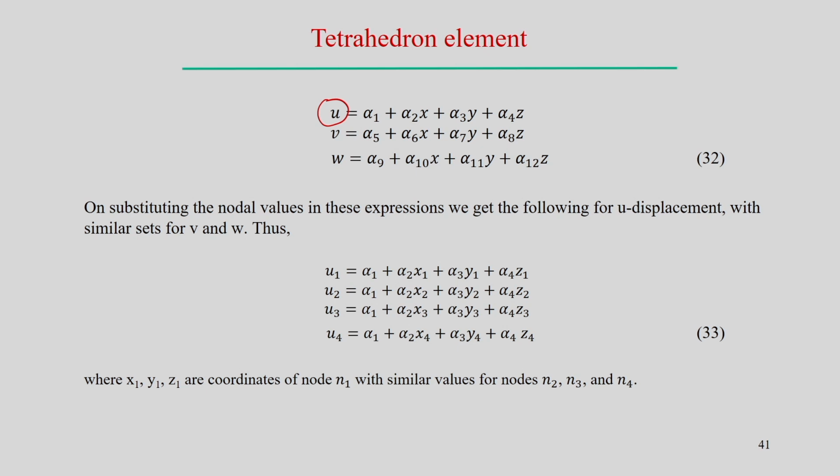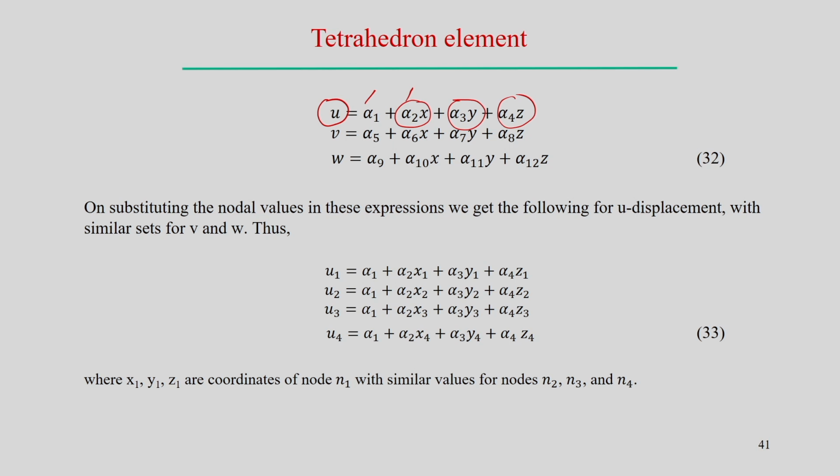It consists of alpha 1, which is a constant term, and since it involves x, y, z, alpha 2 x, alpha 3 y and alpha 4 z. Here you can see the variation of the displacement field is linear, such that u equals alpha 1 plus alpha 2 into x plus alpha 3 into y plus alpha 4 into z.